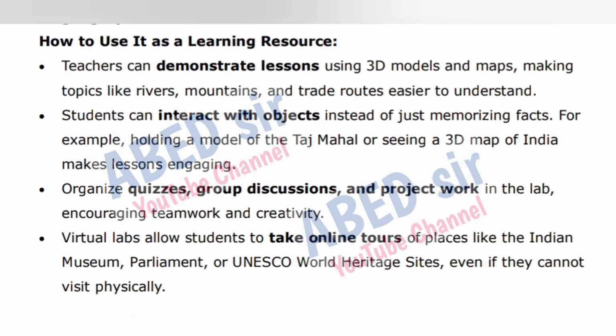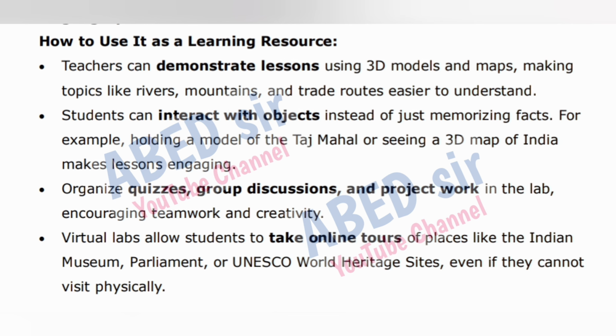Students can interact with objects instead of just memorizing facts. For example, holding a model of the Taj Mahal or seeing a 3D map of India makes lessons engaging. Organize quizzes, group discussions, and project work in the lab, encouraging teamwork and creativity.